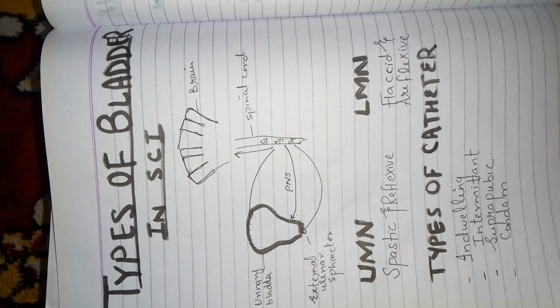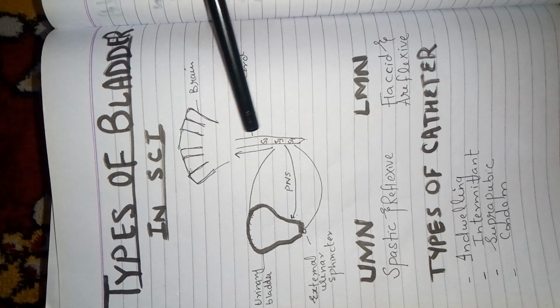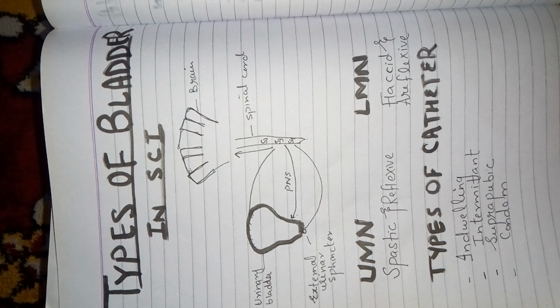Now how will we find out whether the bladder is upper motor neuron or lower motor neuron? This will depend on the neurological level. If the injury is above the sacral level, then it will be an upper motor neuron type bladder, and if the injury is through the sacral level, then it will be lower motor neuron type, or if the injury is below, then that depends on the level of injury again.